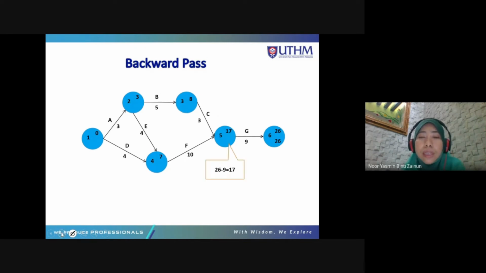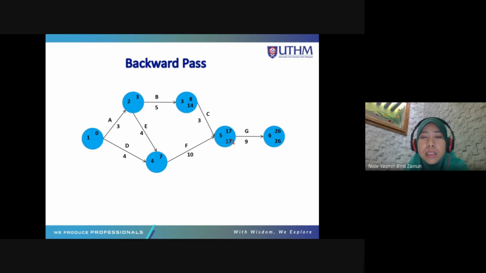To calculate this, you deduct: 26 minus 9, you will get 17, which is the late start for activity G or the late finish of activity C and F.